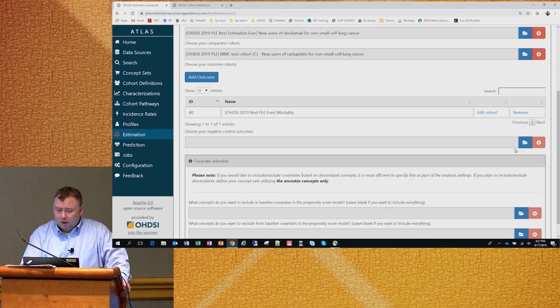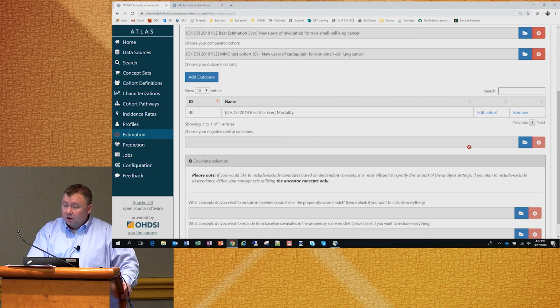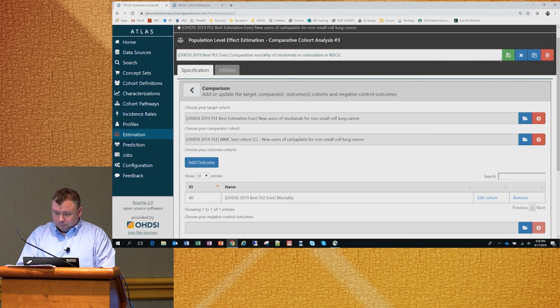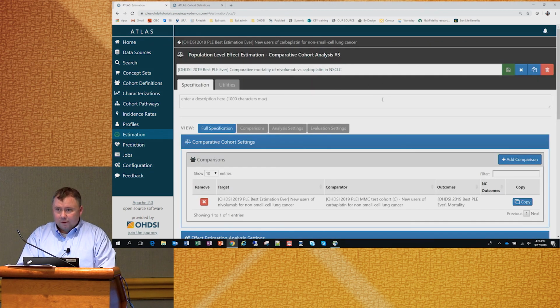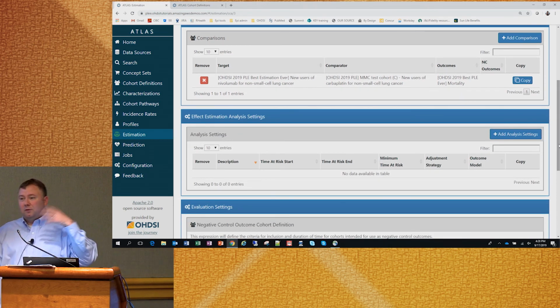Now, as Martijn and Weaves and Alex went through with you, what you also need to do is define some negative control outcomes, which I was remiss to not prepare up front. So we need to define some collection of events that we do not believe have anything causally to do with either nivolumab or carboplatin. I'm just going to save this. What we're looking for is some event that would be observable that we can a priori specify is not causally associated with these treatments.